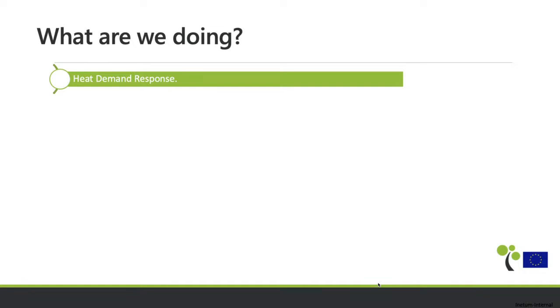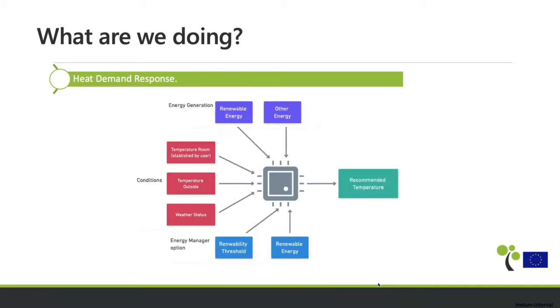So one of the things that we're working on is what we call heat demand manual response. This has to do mostly with the recommendation of actions to be taken by the user. This is one of the examples that we're looking at, with the generation on one side, the conditions of the campus, because we're working mainly with university buildings and university residences, and the conditions outside of the buildings.